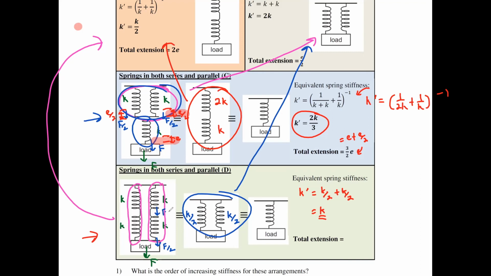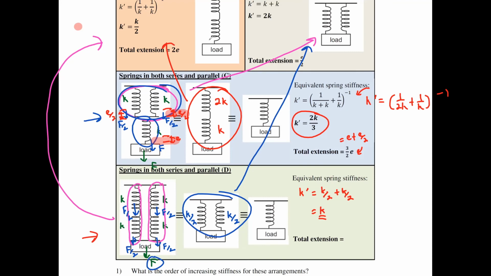This one will also take F over 2. This one will be F over 2. This one will be F over 2. Because you see they are parallel in the first place, the force will be split up between both sides here. And then because this one is in series, this one will be F over 2, this one will be F over 2.